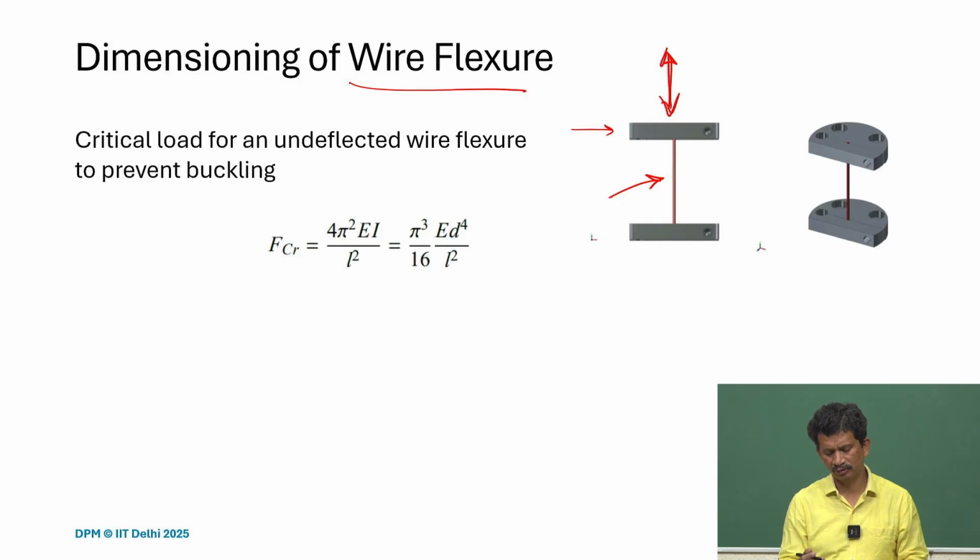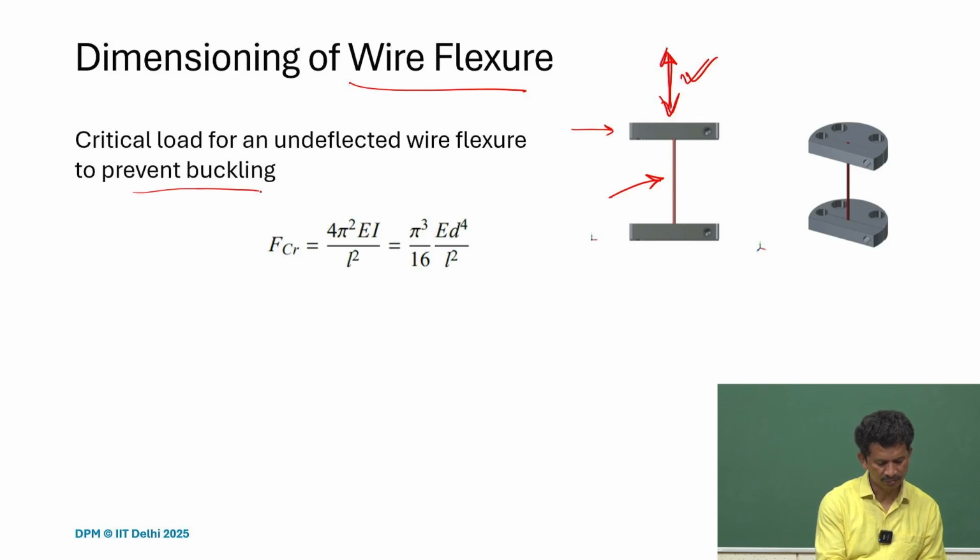It will be shared depending on the stiffnesses, and that's why when we are talking about the directions, the constraints and degrees of freedom, basically we are looking for relative stiffness.